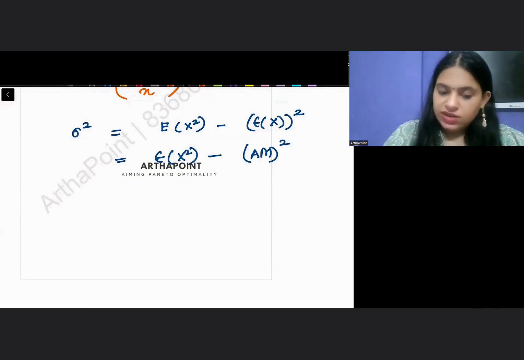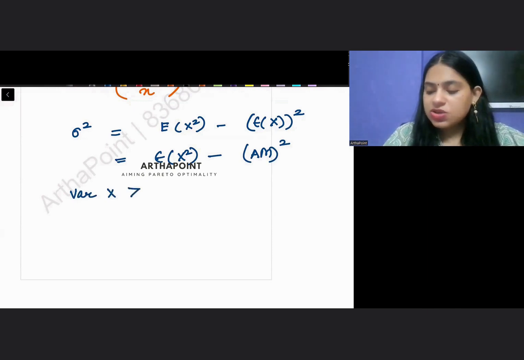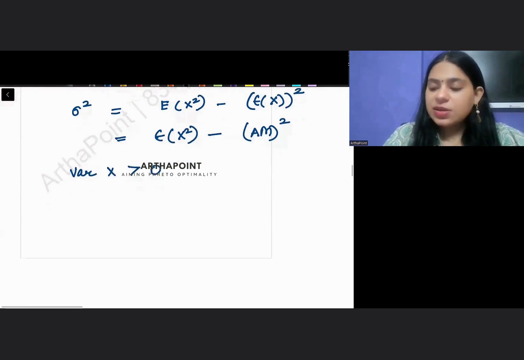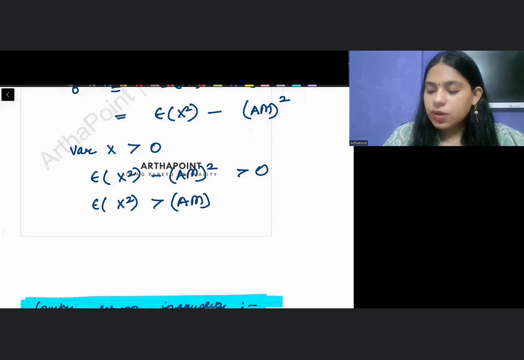And whenever we talk about the variance of any number, it must be strictly positive, right? And if the variance is strictly positive, then E of x square minus AM square will be strictly positive, right? So we know that E of x square will be strictly greater than AM square, isn't it? E of x square will be strictly greater than AM square.